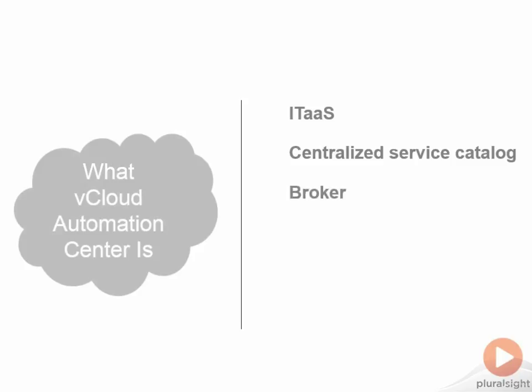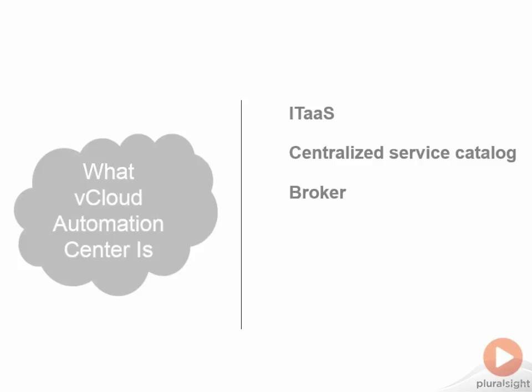So vCAC is also a broker. It's a broker of services. If you think about it, it actually goes and does a lot of work with other components. vCloud Automation Center and vCenter Orchestrator are married together very nicely. They really go hand in hand, and it ends up being this broker of services. So me as a user, I go in and I don't really care where this service exists.